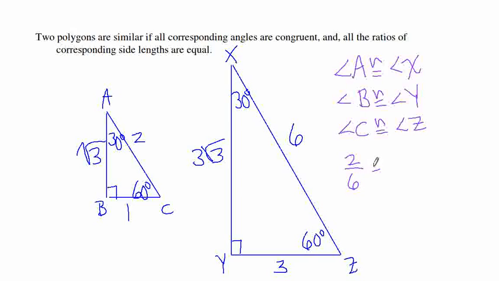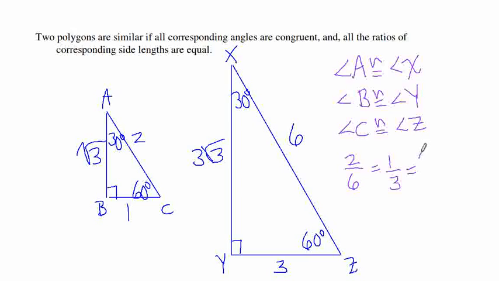So now we ask ourselves, does that equal the corresponding ratio with respect to the shortest sides of each triangle? So does that equal 1/3? And the answer is yes. And furthermore, let's take the ratio of the side lengths with respect to the longest legs of each triangle.